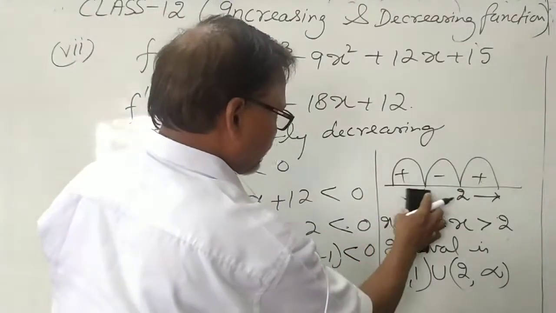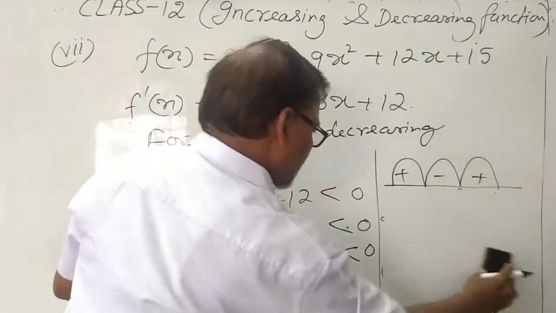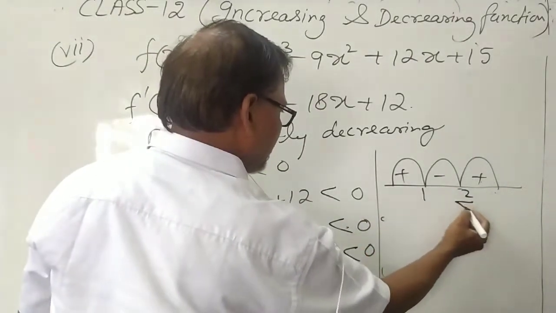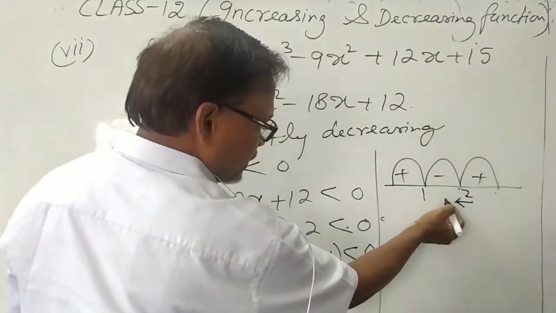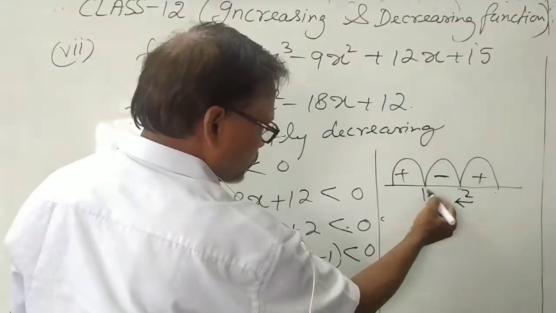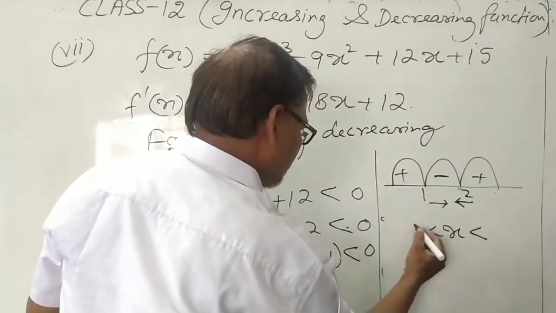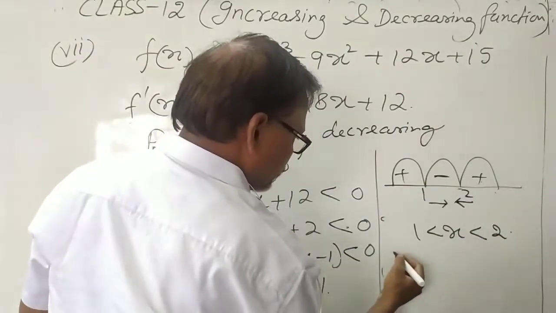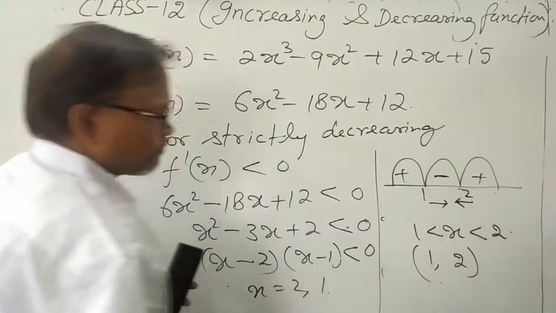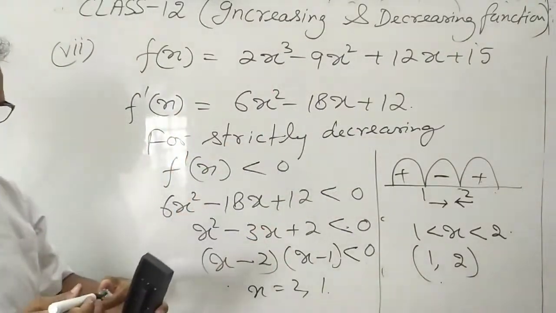So what you will have in this case, this is 2 and 1, so less than means move left to get the negative sign, and move from 1 to right side to get the negative, means x lies between 1 and 2. So you can say the interval is 1 to 2. This is the interval for the strictly decreasing function.